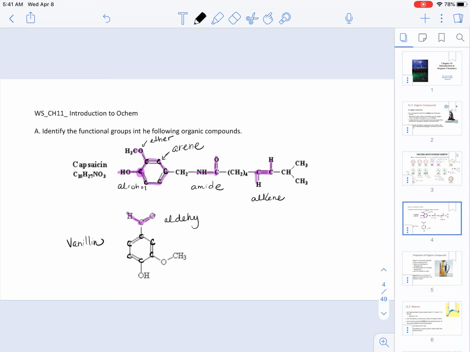If we have that hexagon that has alternating double bonds and single bonds, that is known as an arene. If we have carbon single bonded to oxygen, oxygen single bonded to carbon, that is known as an ether. And if we have a carbon atom holding an OH group, that is known as an alcohol.